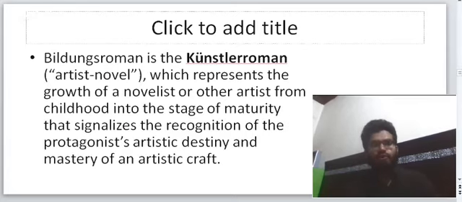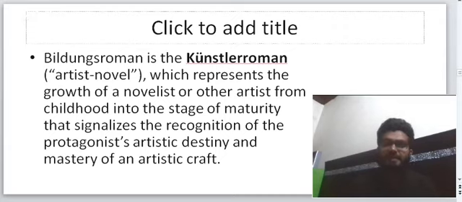Now, Bildungsroman is also related to the Kunstlerroman, which you can say is the artist novel, which represents the growth of a novelist or other artist from childhood into the stage of maturity, that signalizes the recognition of the protagonist's artistic destiny and mastery of an artistic craft.